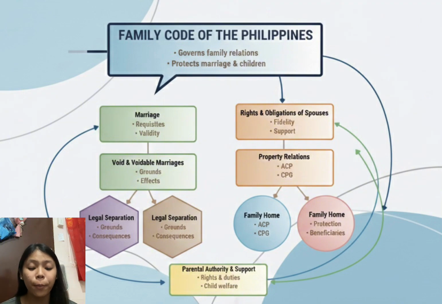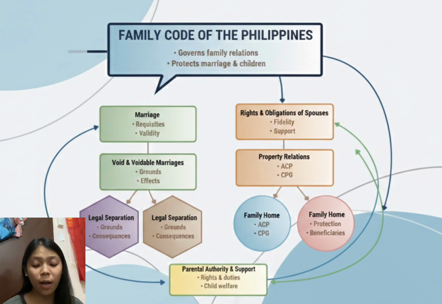Fifth is property relations. This governs how assets and debts are owned and managed during marriage. Absolute community of property, or ACP, is the default regime if no prenuptial agreement exists. All properties owned by spouses before marriage and acquired during marriage are considered community property, divided equally if the marriage ends.